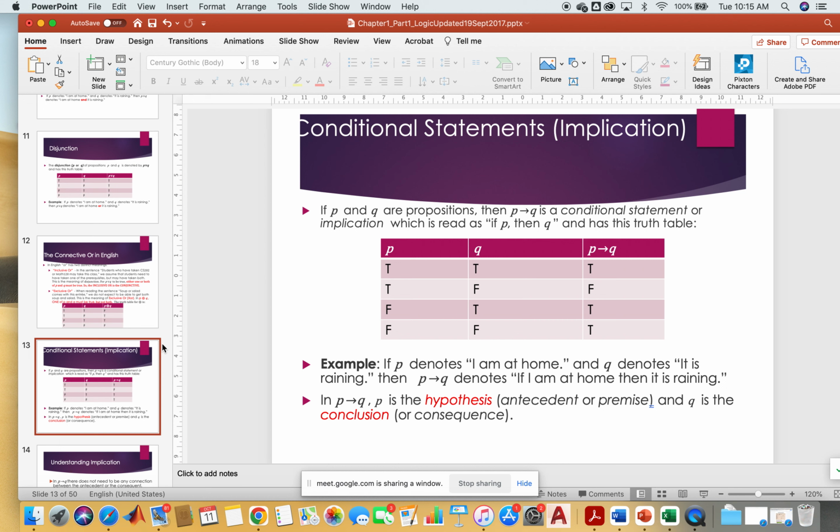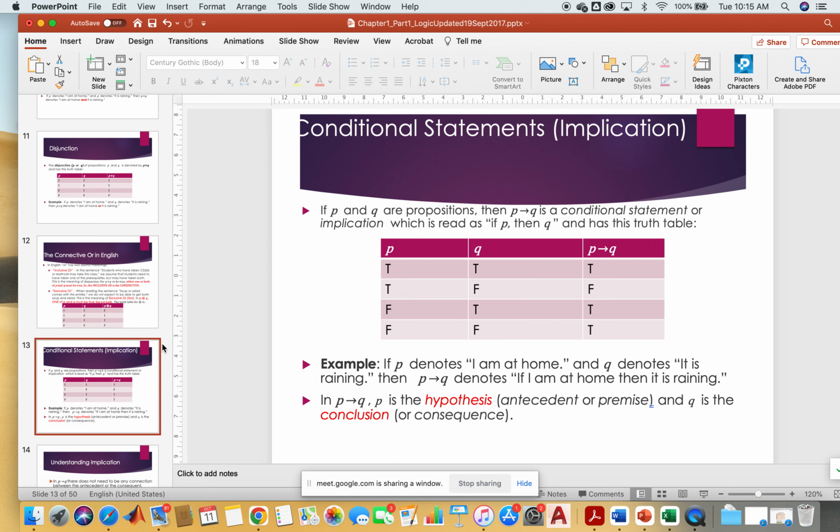Okay, let's say if this one is false, this is true, what will happen here? This will be true, this will be false, this will be false.